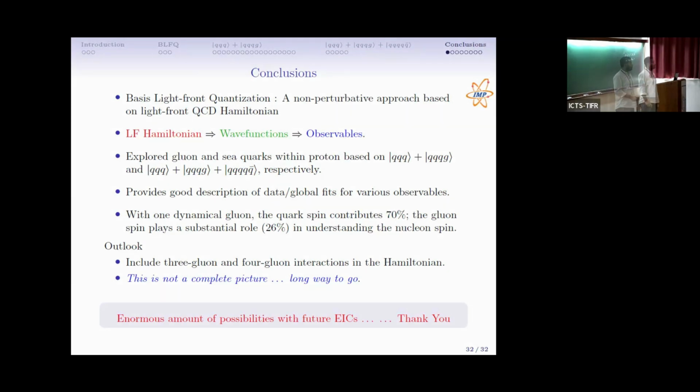To include confinement, people usually change the propagators. They do not take the naive propagator, but use the resolved propagators and so on. Can't it be included in the light-front formalism instead of including a potential? Okay, so we have two kinds of potential.